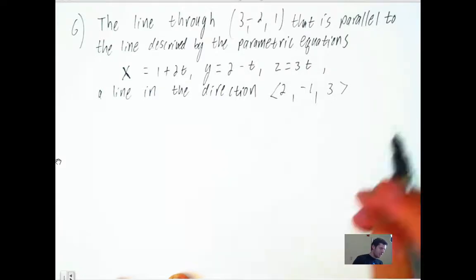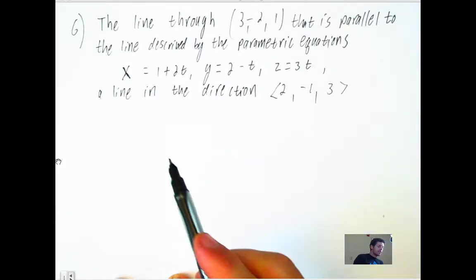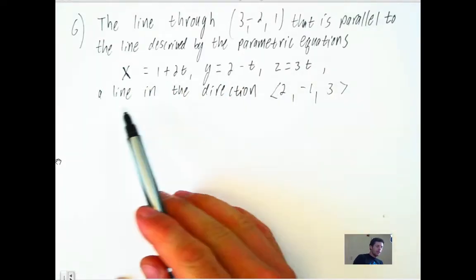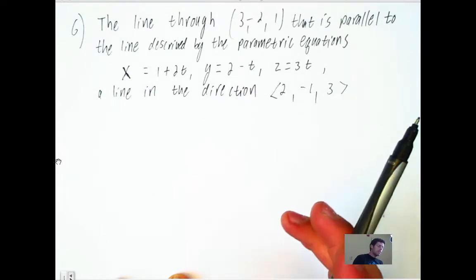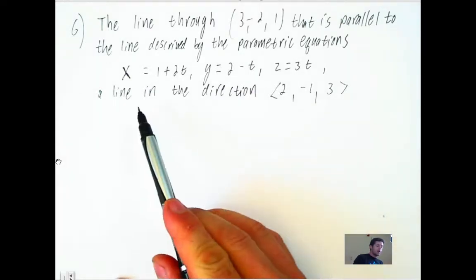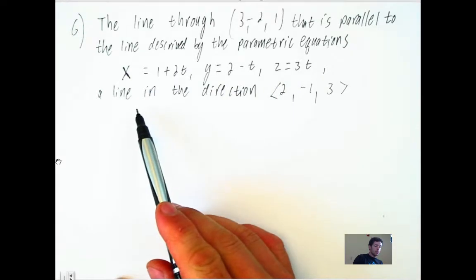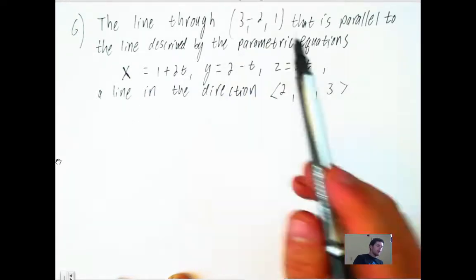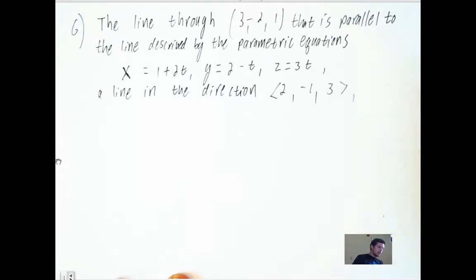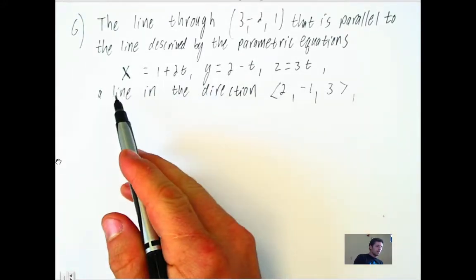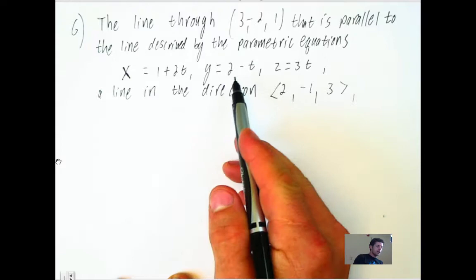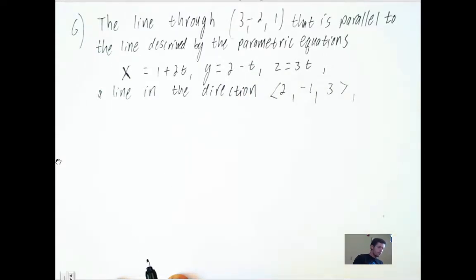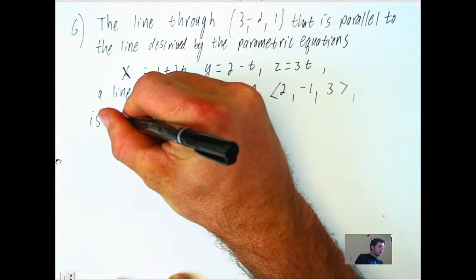Okay, so that is to say this line right here is in that direction, and I want a line which is parallel to this line, meaning parallel to this direction, through that point. So this is describing that line. I want to say is the range.